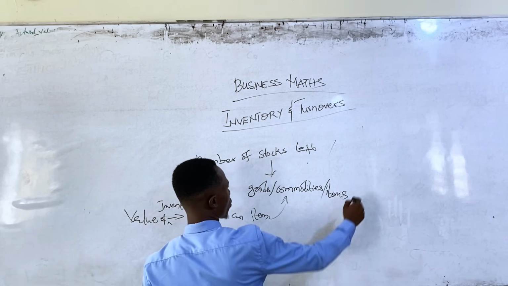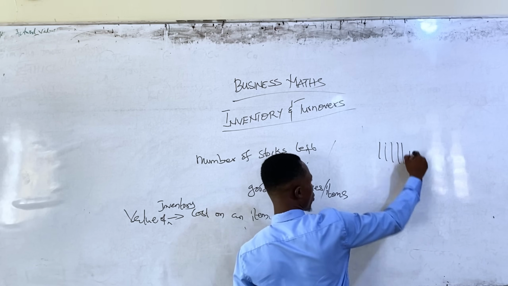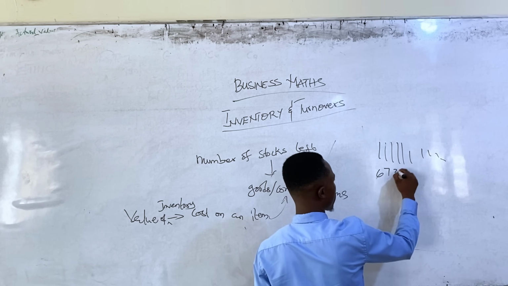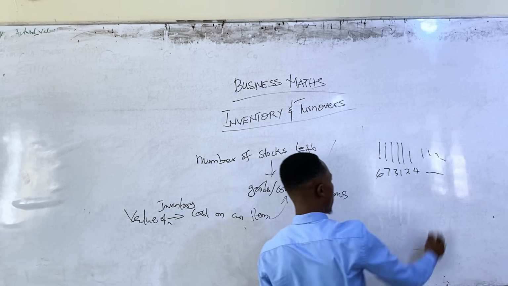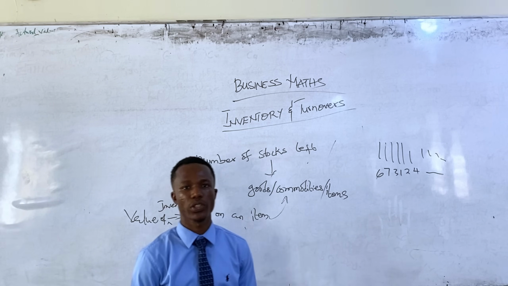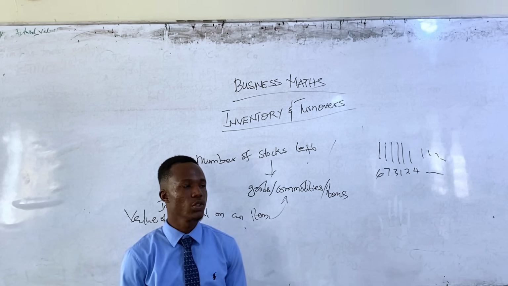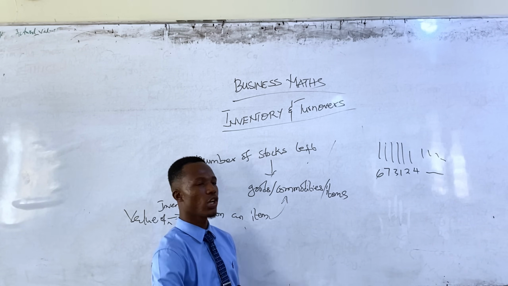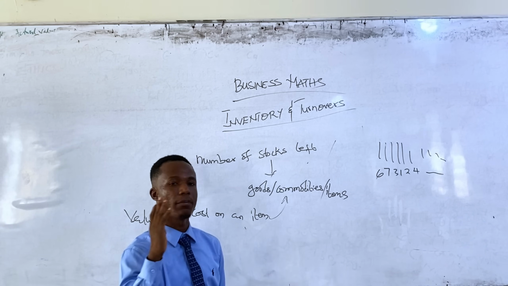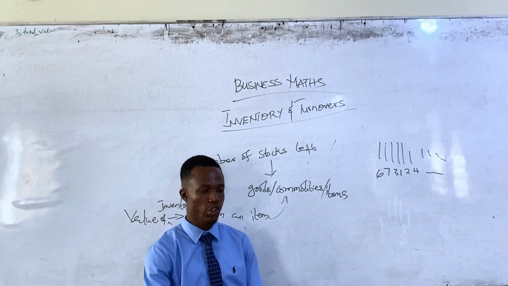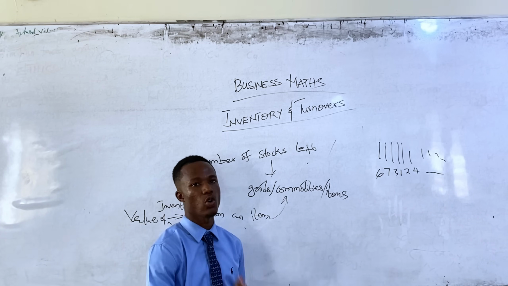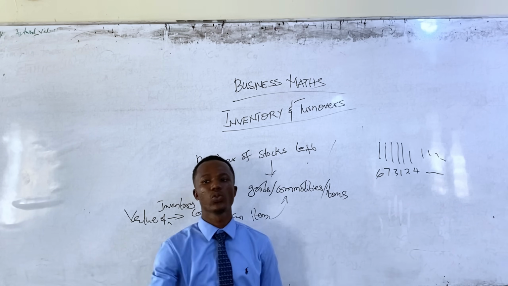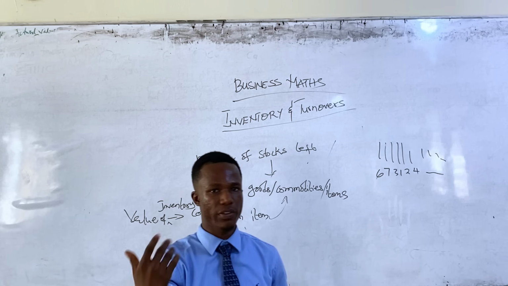There are some stripes, mostly 8 to 13, and it comes with some serial numbers, and those are what we term universal product codes. Most companies, when they receive products like that, because of the size of the product, the price on it, and the nature of the product, just put everything on a computer, so that immediately they scan this code, it will generate the size, the cost, or everything about that product.